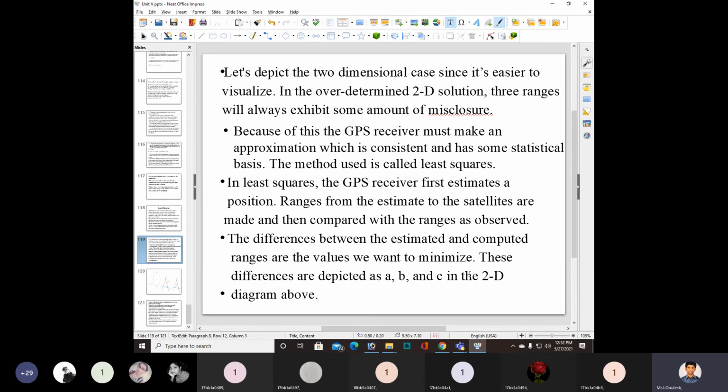These differences are depicted as A, B and C in the two-dimensional diagram.